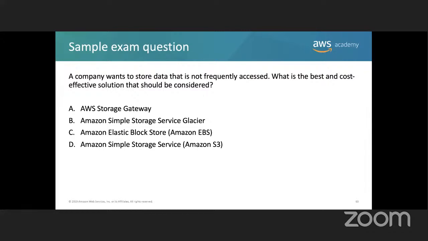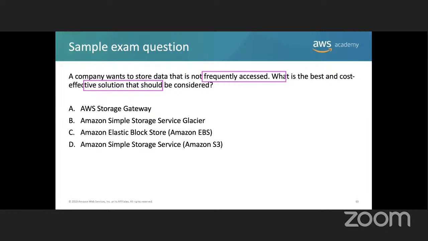And I have a question for you here, a sample question for the exam. A company wants to store data that is not frequently accessed. There you get the first keyword. What is the best cost-efficient solution to be considered? So the keywords are not frequently accessed and cost-effective solution.